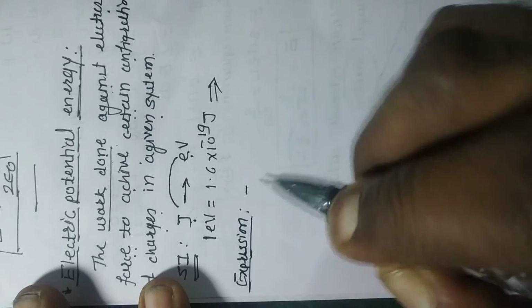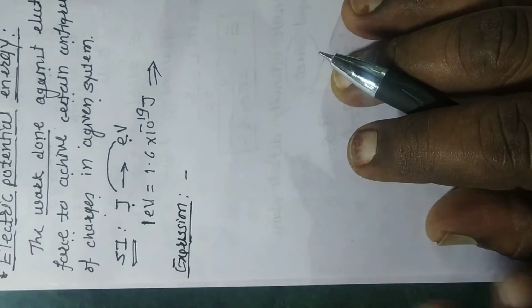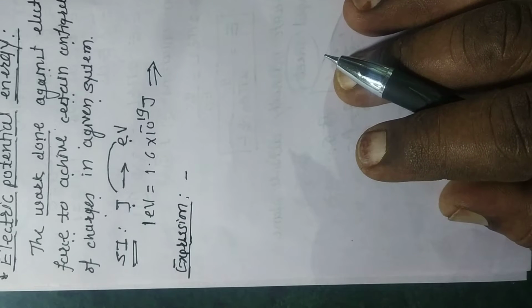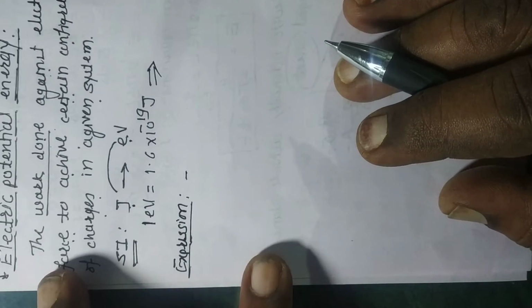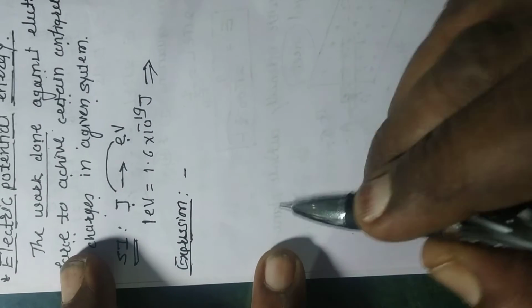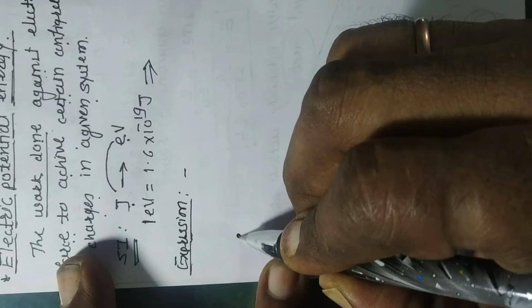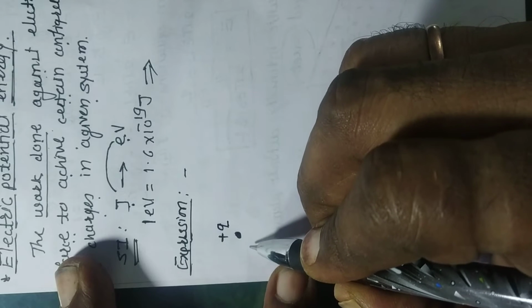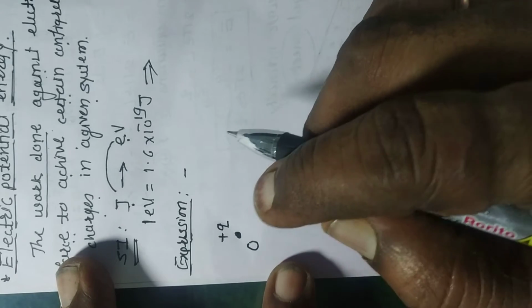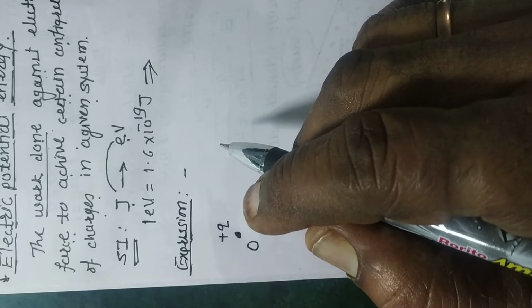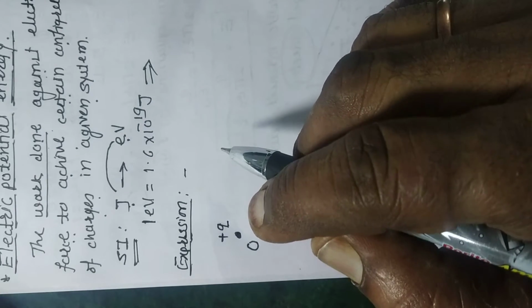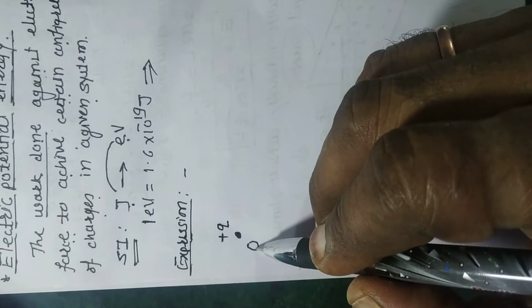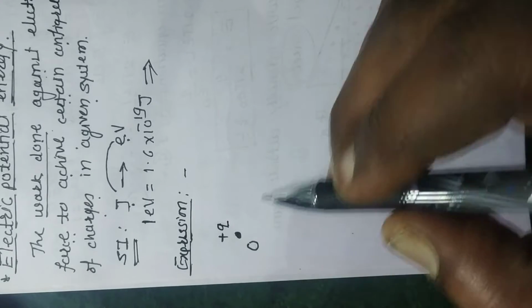Now, expression for electric potential energy. Consider a charge plus Q placed at O in air or vacuum.